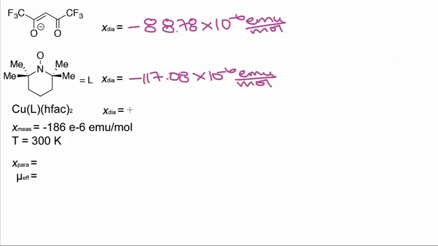Now we have the values for TEMPO, we have the values for hfac, and we also have the value for copper(I), which is negative 12 times 10 to the negative 6 emu per mole.